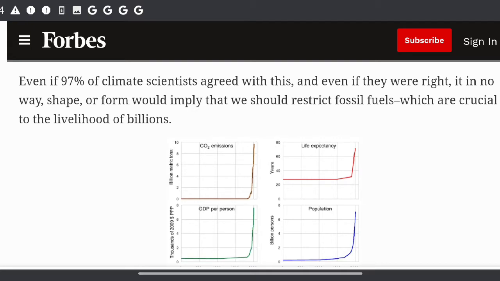As CO2 rises in the atmosphere, populations rise, GDP per person globally rises, and life outcomes rise too. We have been benefited by fossil fuels to a ridiculous extent over the past 150, 200 years.